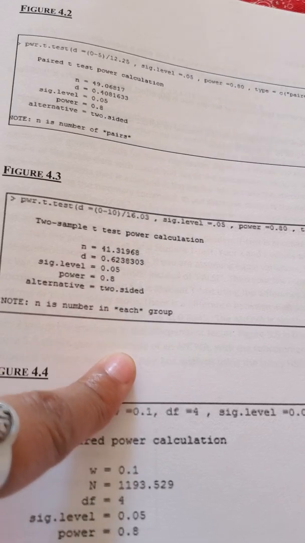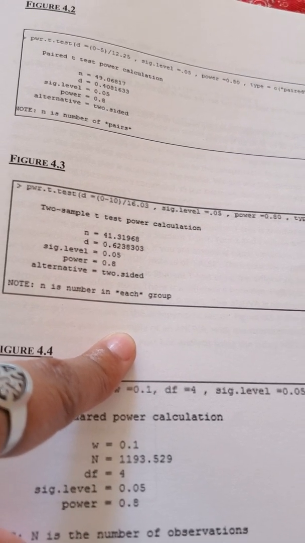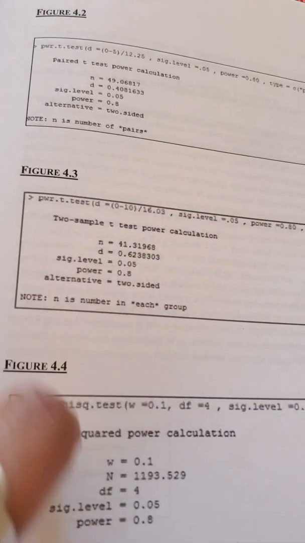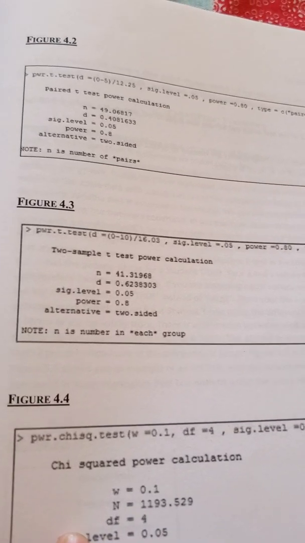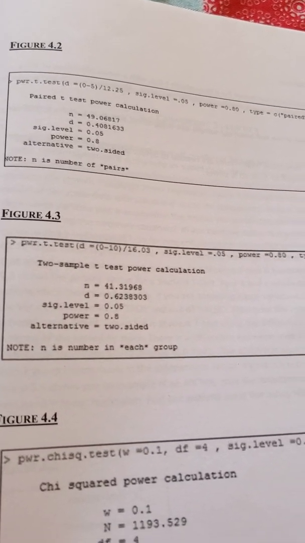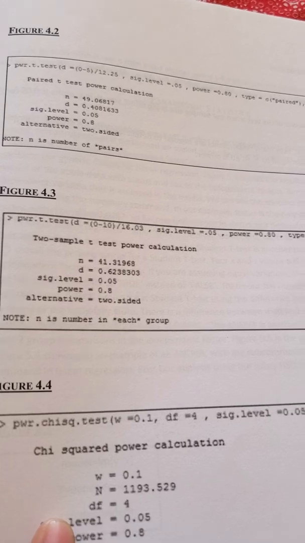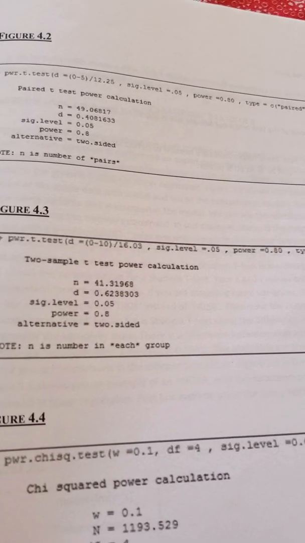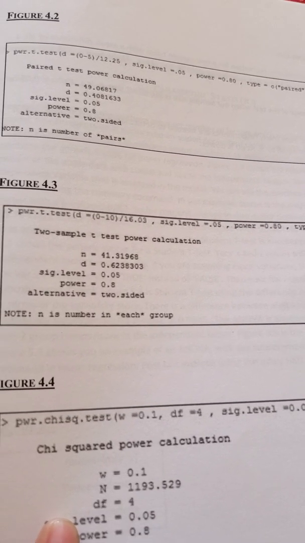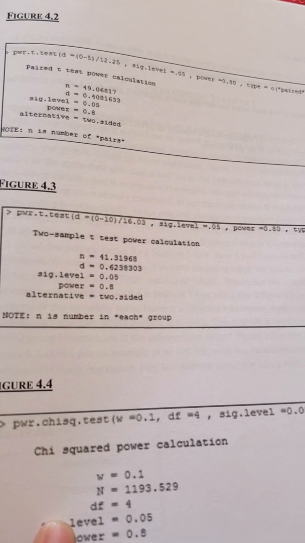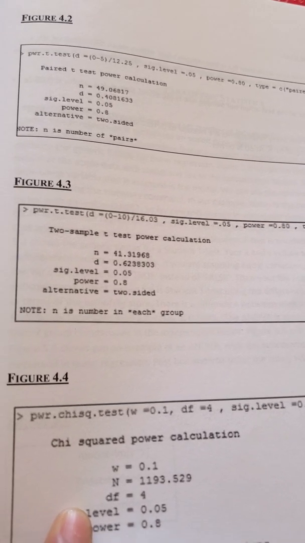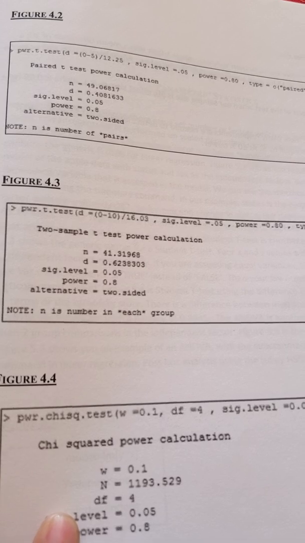Basically, you could round that to 42, right? But typically what I'll do is I'll buffer the number, and I have a particular percentage way that I buffer the number so that just in case somebody's data can't be used, you're still covered, right?